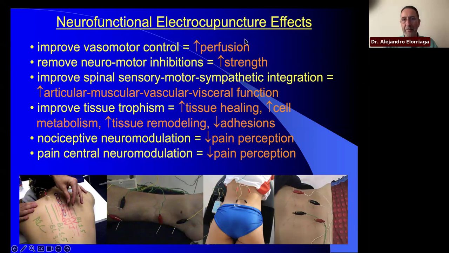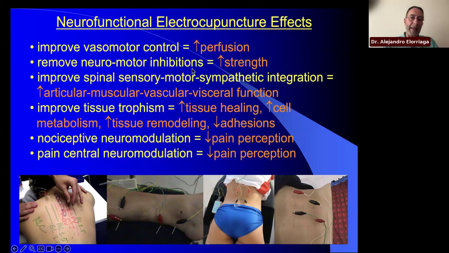I seek modulation of the universal dysfunction of poor perfusion and neuromotor inhibition that is demonstrated in any pain problem.